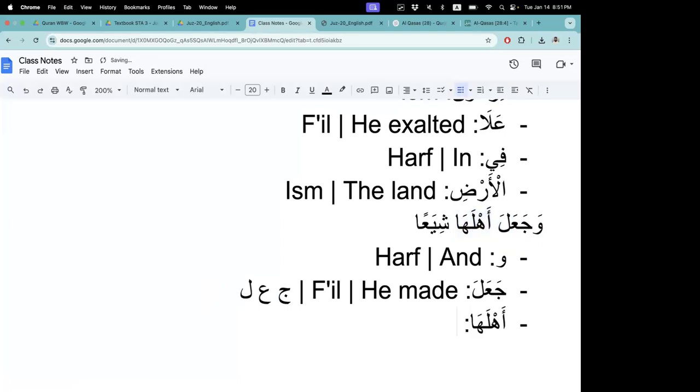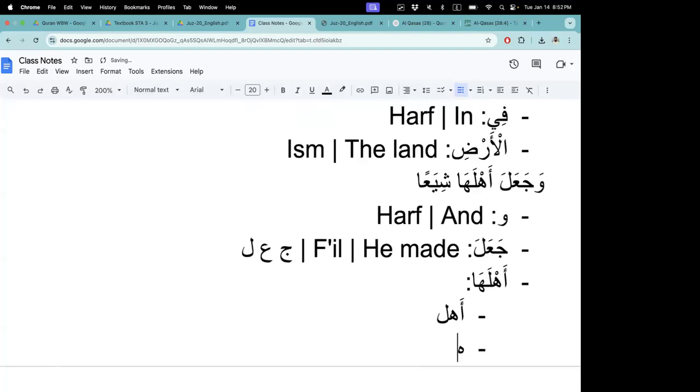Ahlaha. Two words. The first word is, I'll make this indented, ahl. Yes. The second word, ha. Okay. Now, the word ahl has a number of meanings. It's an ism. It means people.